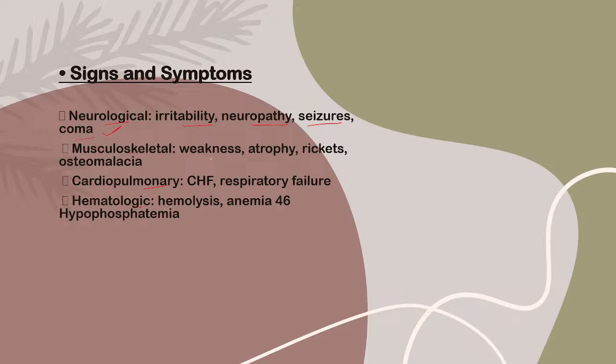In musculoskeletal, the patient will have weakness, atrophy, rickets, and osteomalacia. In cardiopulmonary, the patient will develop heart failure and respiratory failure. In hematologic, the patient will have hemolysis and anemia. I'm sorry, something was written by mistake there.